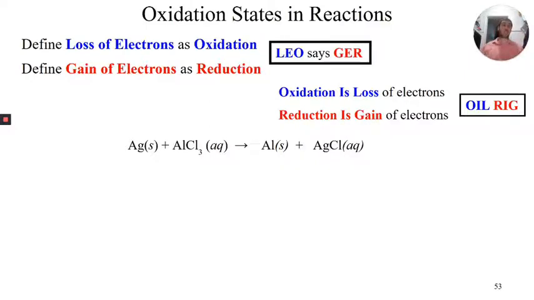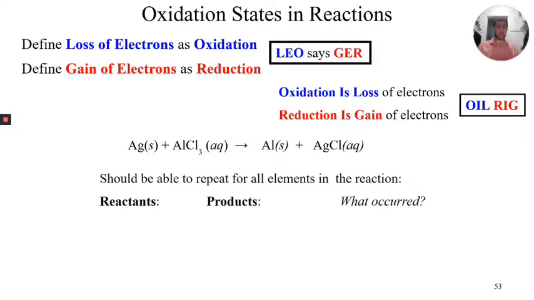So if we look at the reaction shown here, we should be able to go through and determine what was oxidized, what was reduced. To do that, we have to be able to pull out what are the individual reactant atoms or elements, what were they in the reactants, what were they in the products, what were their oxidation states, to then see how they changed. So one potential way to do this before we even start is to ask, do I need to do this?